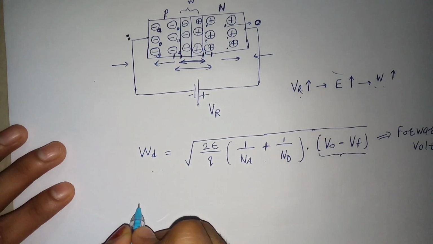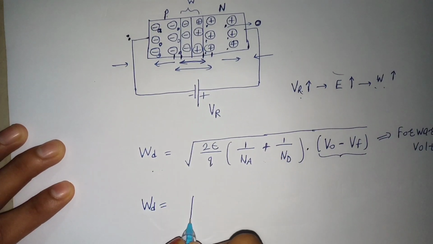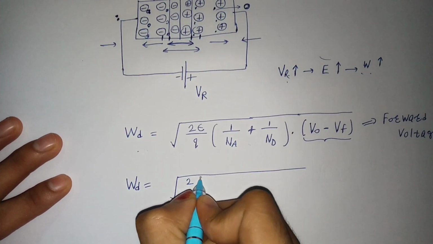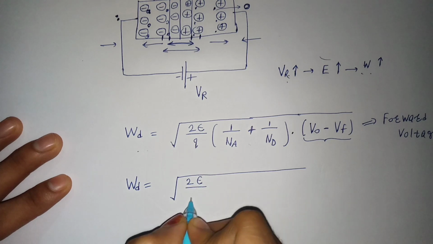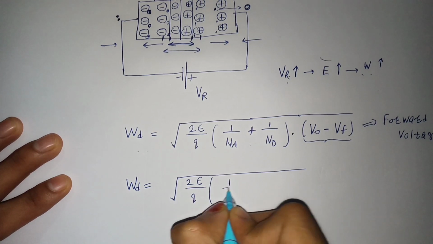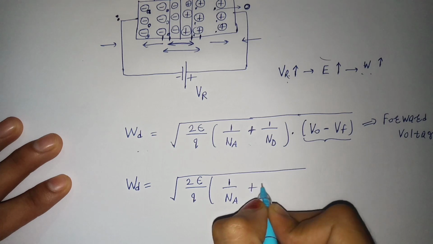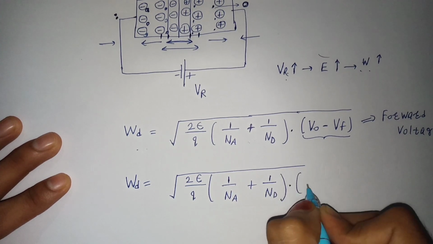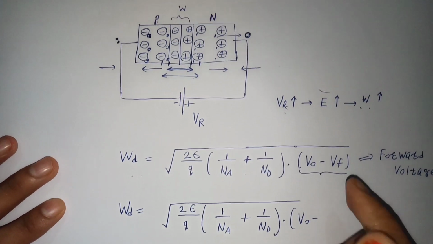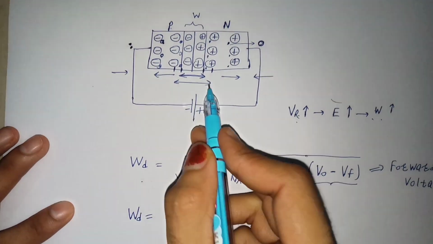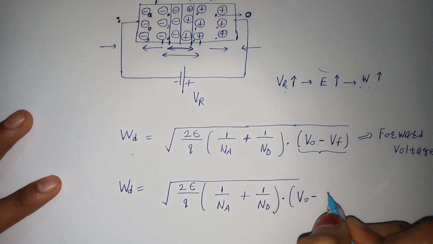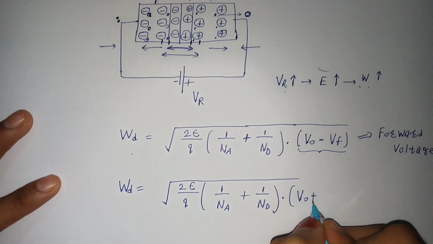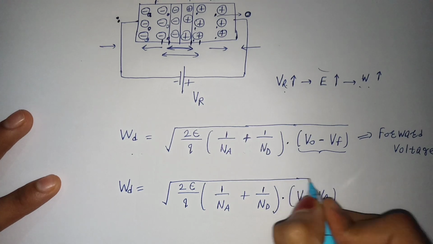And for the second case, reverse voltage, the formula is like that: Wd equals square root of 2 epsilon upon q in bracket 1 upon Na plus 1 upon Nd into V0 minus, but here we are supplying negative sign, and Vf is minus Vr, minus minus plus, therefore V0 plus Vr, bracket close.